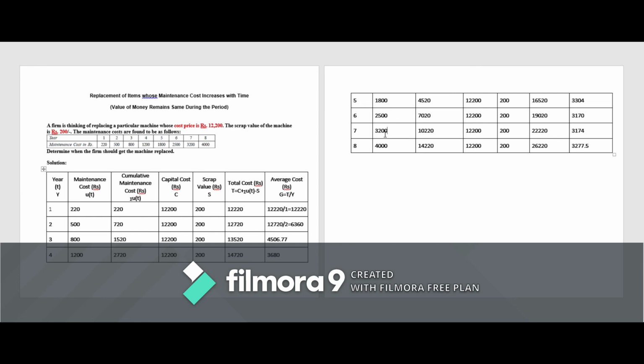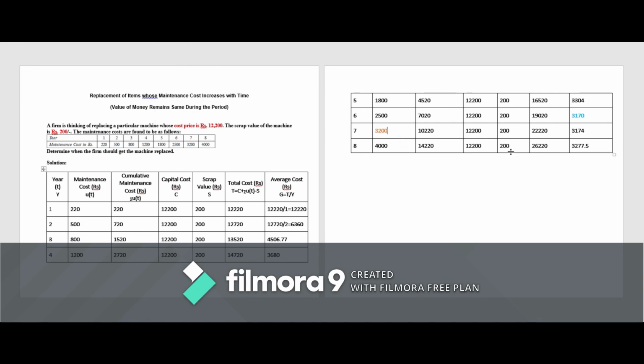So in this case, the maintenance cost is more than the average cost of the previous year. At the end of the sixth year the average cost is 3,170, but in the seventh year, for maintenance alone, it consumes 3,200 rupees.